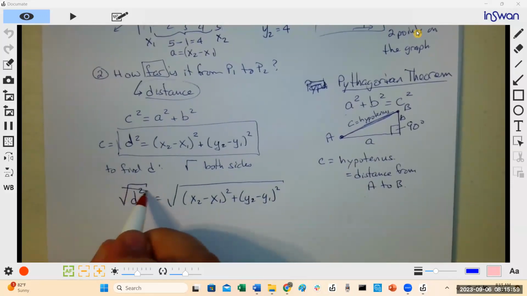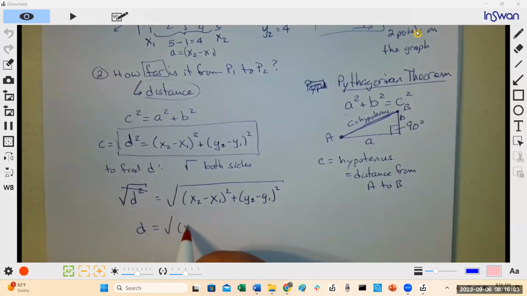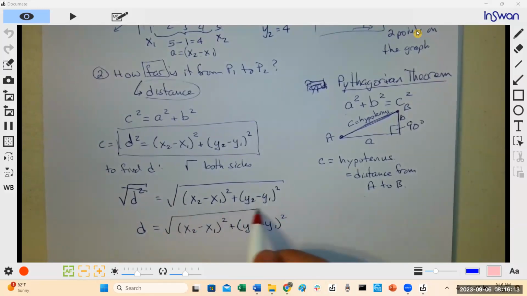The square root and the square cancel, so the actual distance is that.